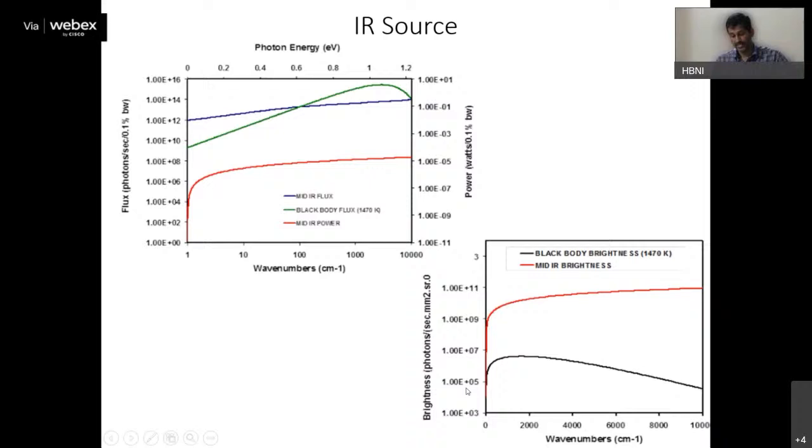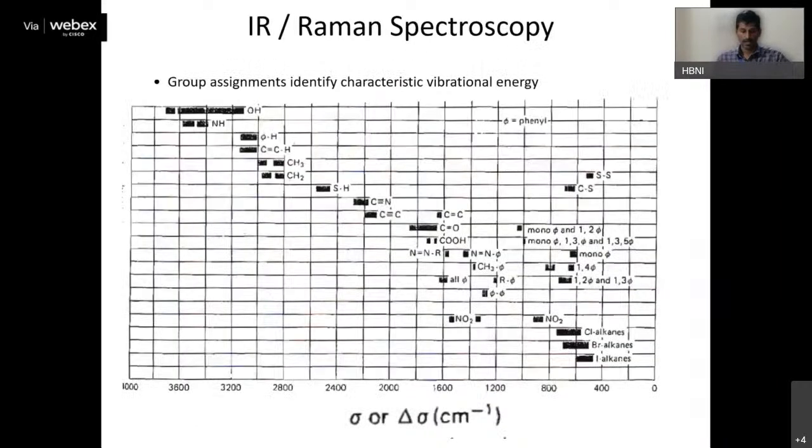That is decided by the brilliance of the source. And the brilliance of the synchrotron is much higher than the brilliance of a laboratory source. So in case of high pressure measurement, the synchrotron gives an advantage.